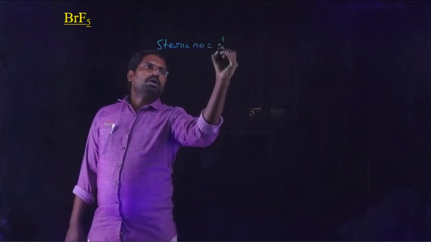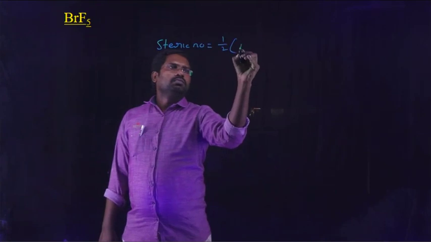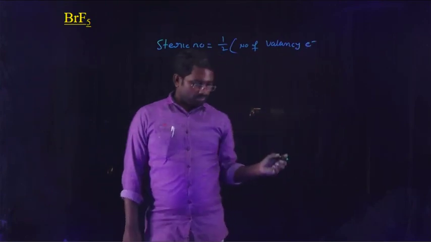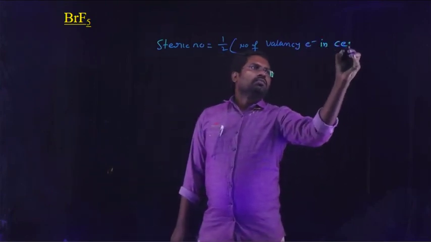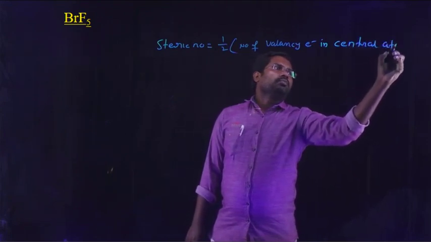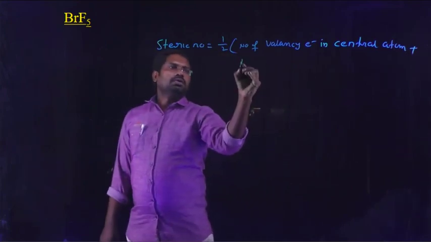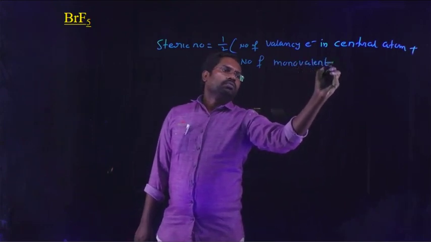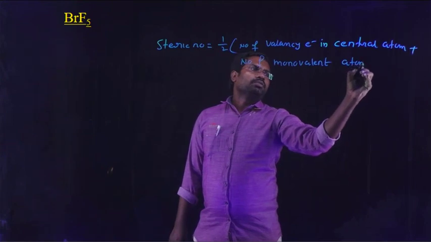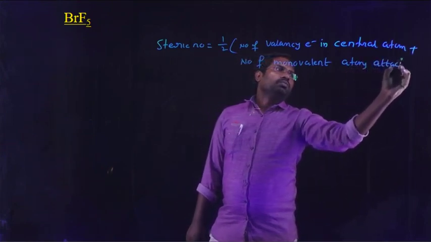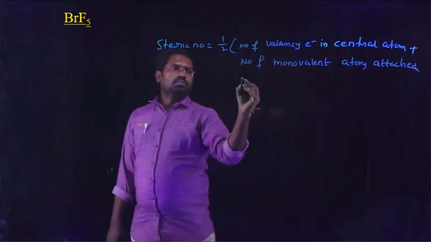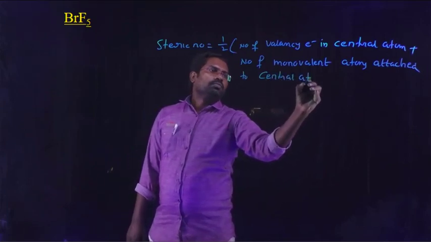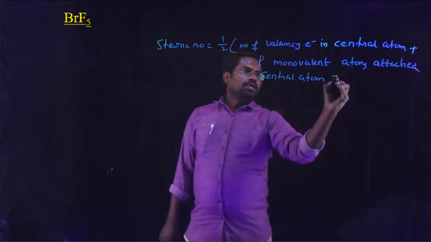Steric number is equal to half into the number of valence electrons in the central atom plus the number of monovalent atoms attached to the central atom plus or minus the charge on the ion.